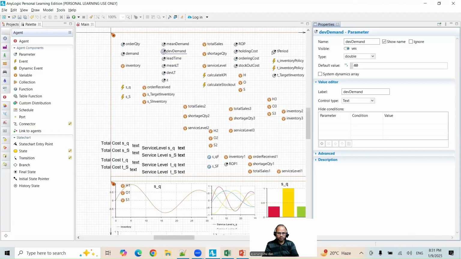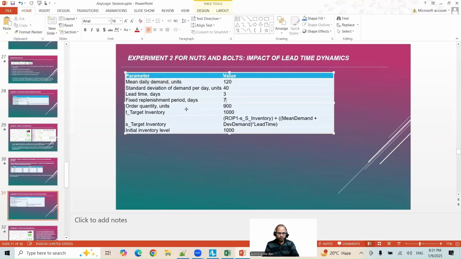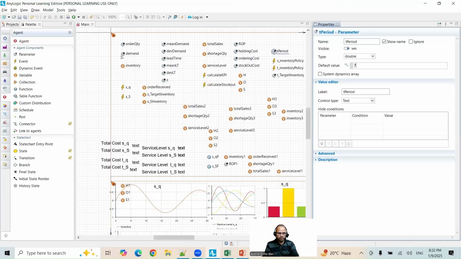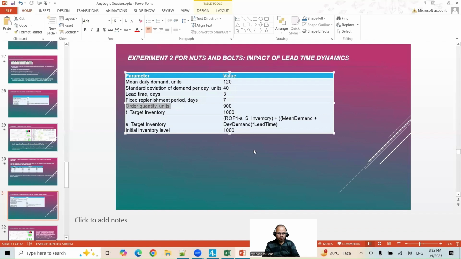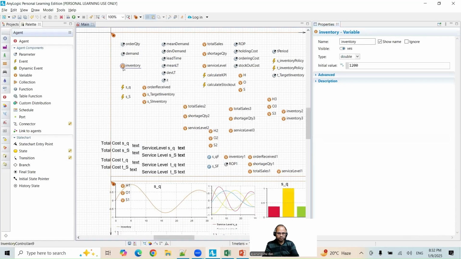The fixed replenishment period is 7 days, and we have the order quantity as 900 units. And the target inventory is 1000, which is already there. Then the ROP is still the same, and the initial inventory is 1000.